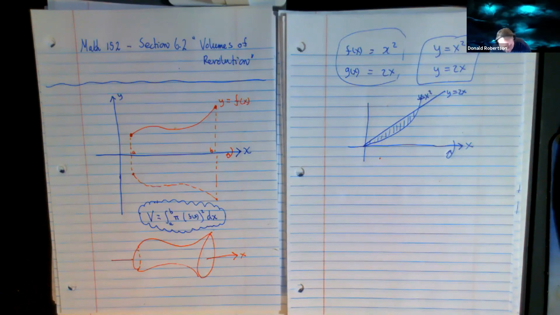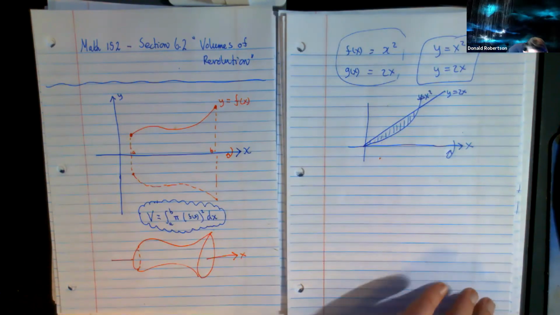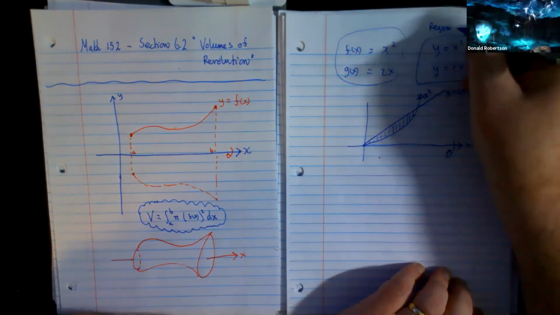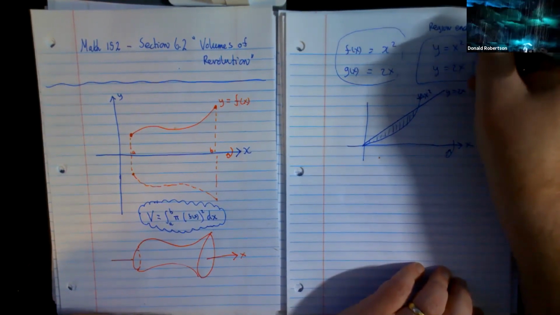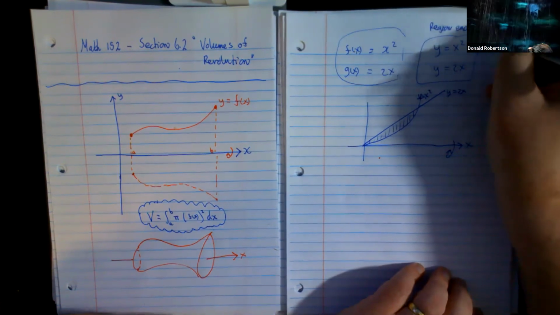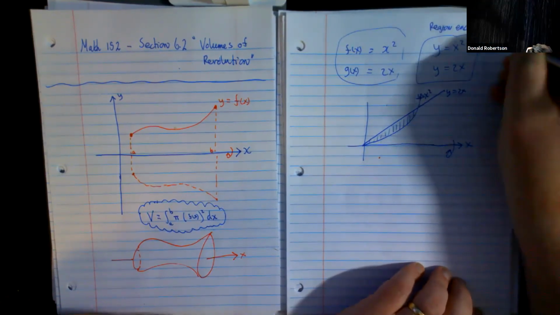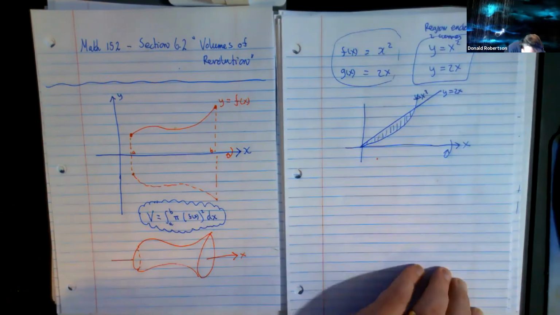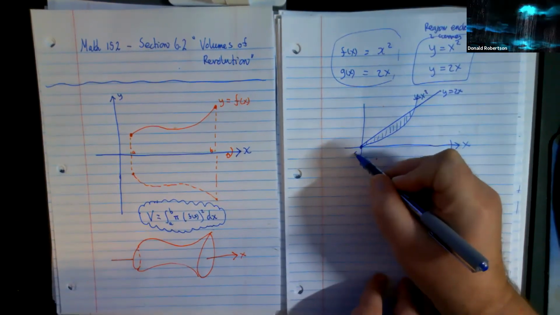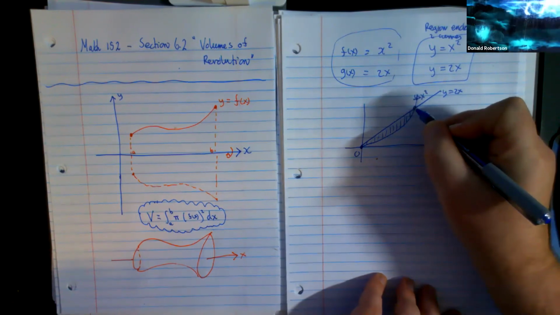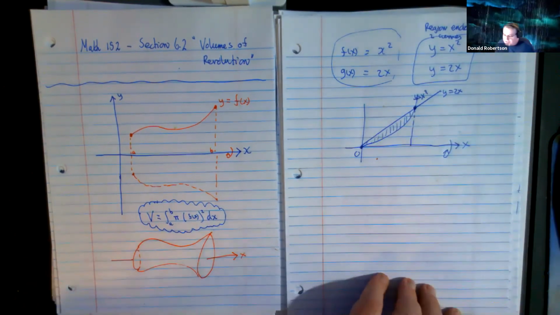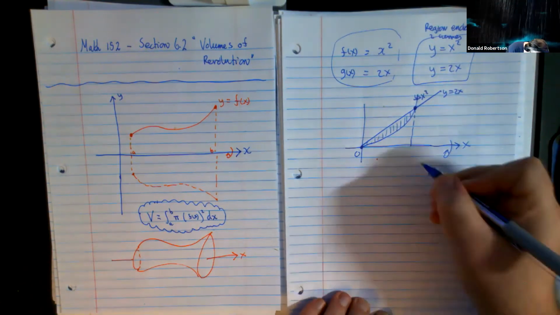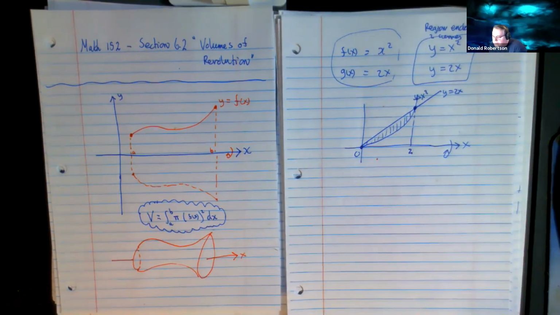And so they describe it as the region enclosed by the two curves. So I know that guy is 0. This guy here, if I had Desmos and I pulled it up for you, you could actually click on it. And can you just trust me, it ends up being 2.